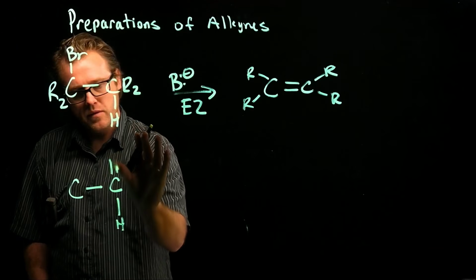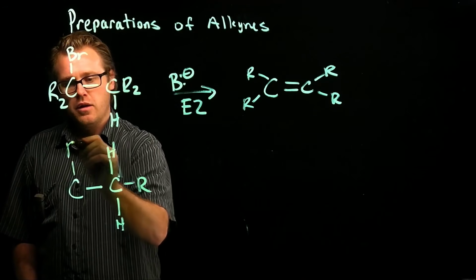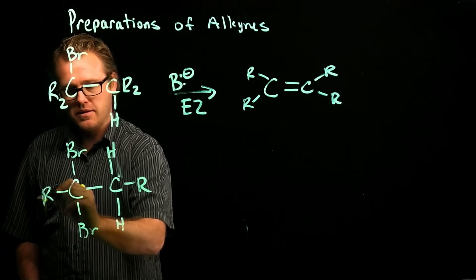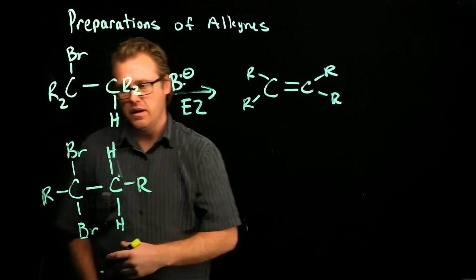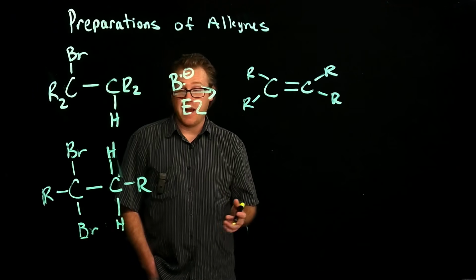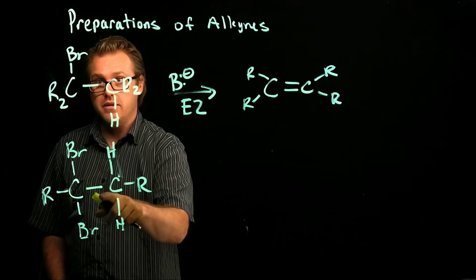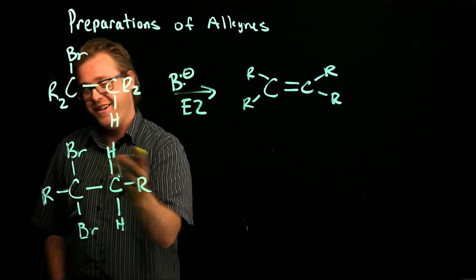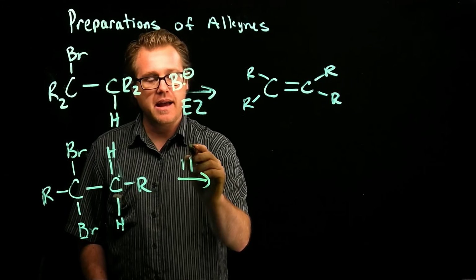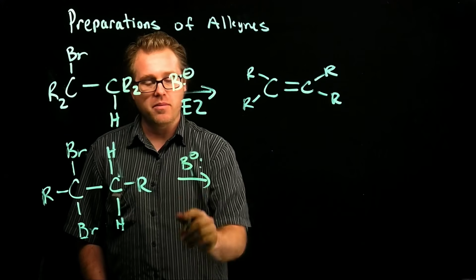Hydrogen, another hydrogen, R group. Now we have two halogens, like this. Now, that guy is an alkyl dihalide. Dialkyl halide, because we have two halides, right? Makes sense. We can do the exact same mechanism as above now. We can add a strong base.